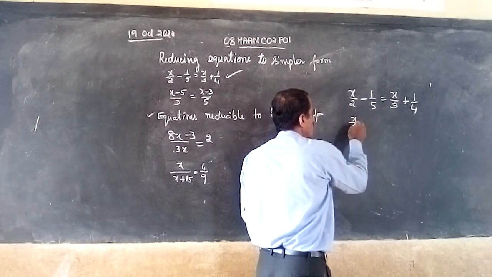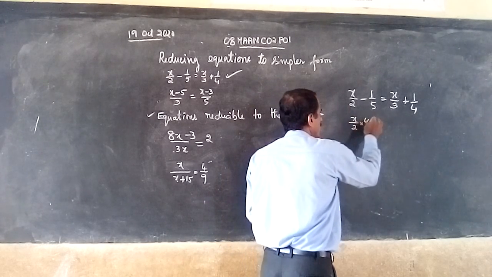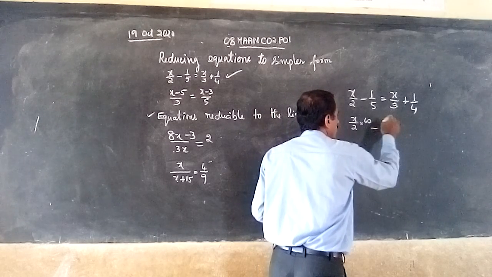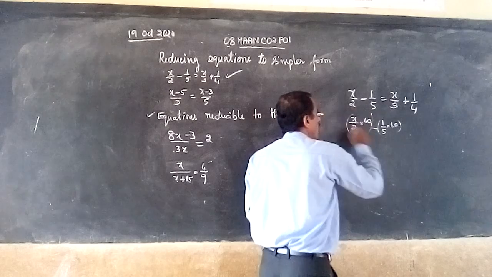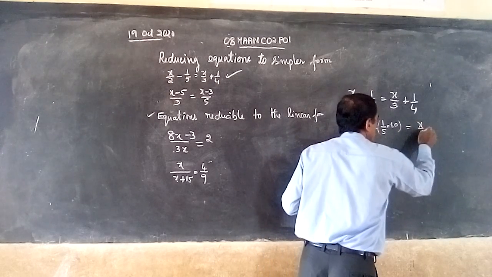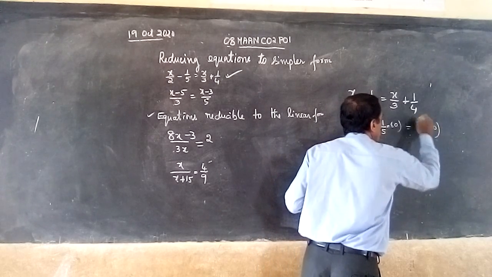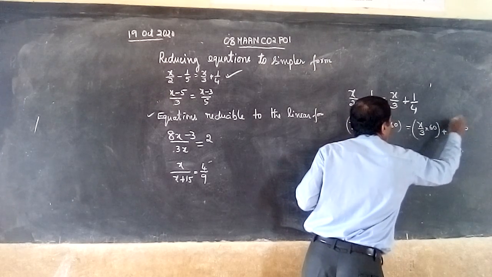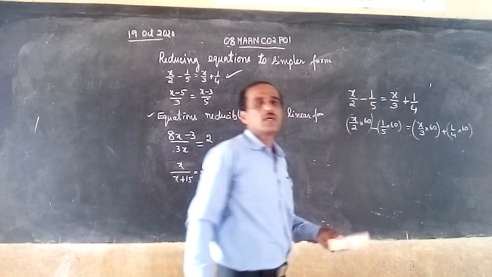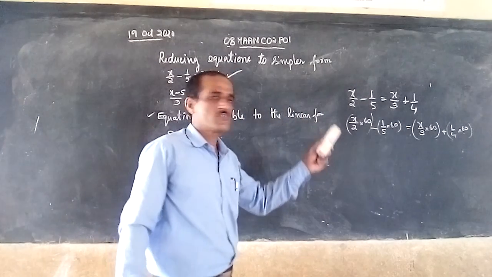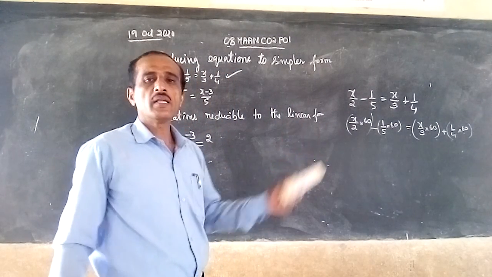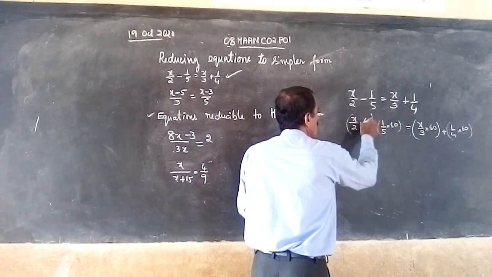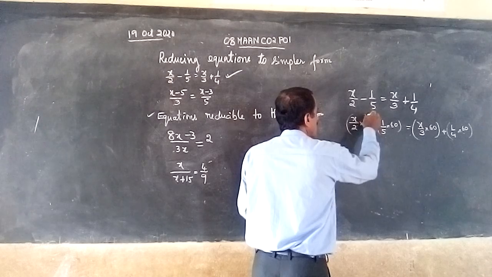So x by 2 into 60, then minus 1 by 5 into 60, is equal to x by 3 into 60, then plus 1 by 4 into 60. If you multiply all the terms by the common LCM, there is no change in the value. Now 2 ones are 2, 2 thirties are 60.